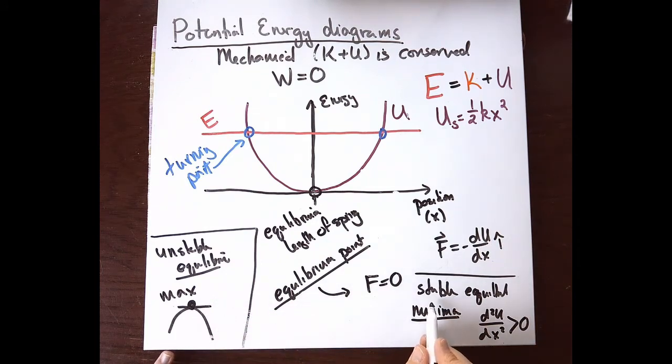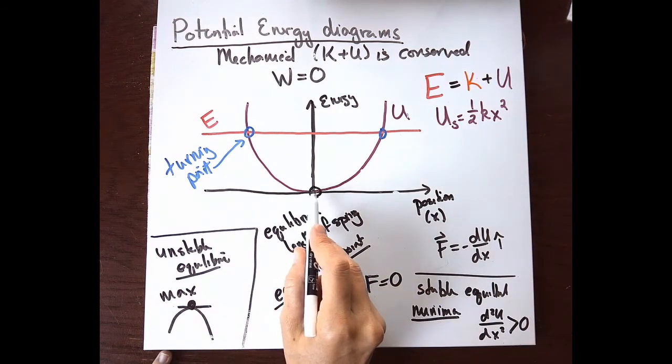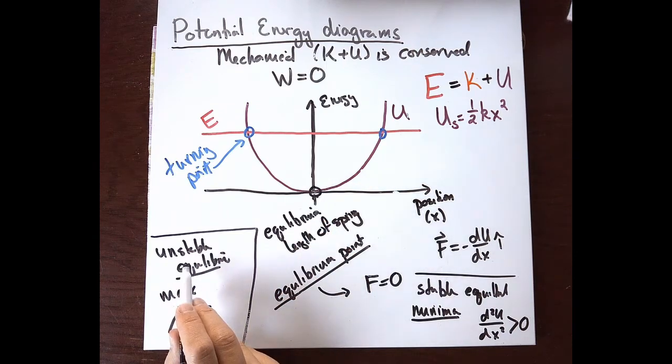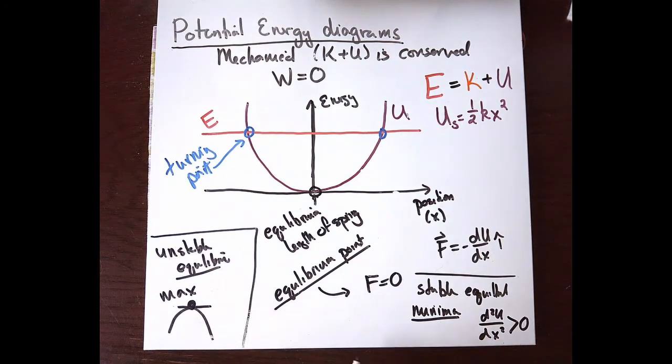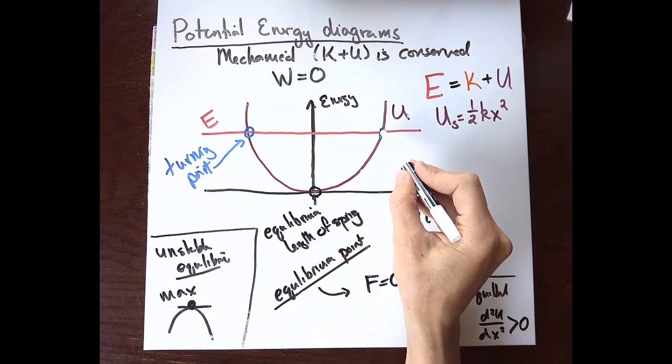So a stable equilibrium is one where the marble will stay put even if it gets nudged or a breeze comes by and blows it. It'll stay around that area. An unstable equilibrium is one where if you nudge it just a little bit, it'll roll off, go away, and never come back. So that is one way to think about potential energy diagrams. Just think about them as tracks. You roll little marbles around, and that'll tell you what's happening at the turning point.